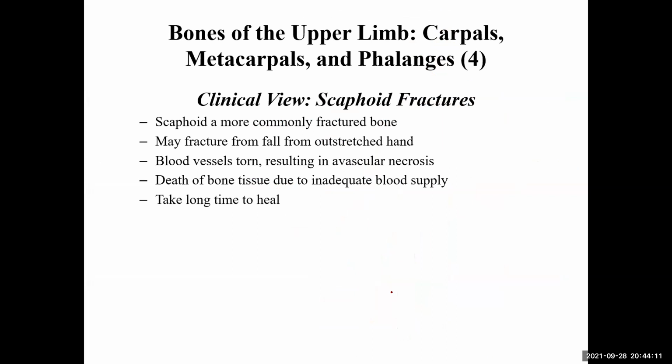Scaphoid fracture. I just had somebody come into my office the other day with a scaphoid fracture. It is the most commonly fractured bone in your wrist. Usually what happens is someone falls down, as they're falling they stick their hand out and they land on their wrist and they damage the bone. If it's bad enough, if you damage the blood vessels, you can get this condition called avascular necrosis.